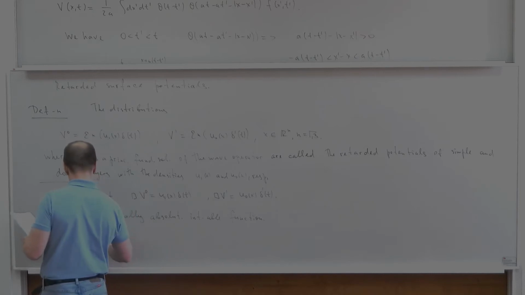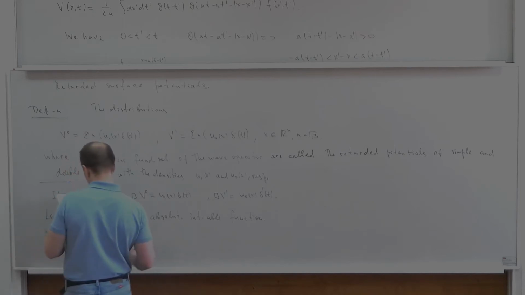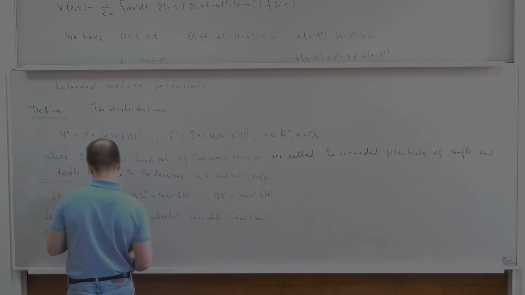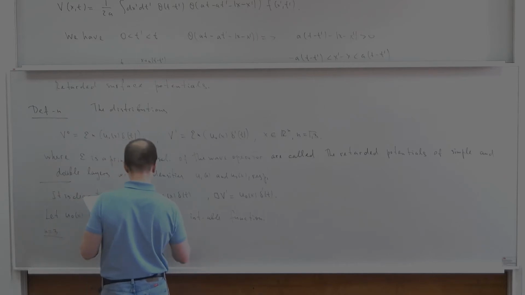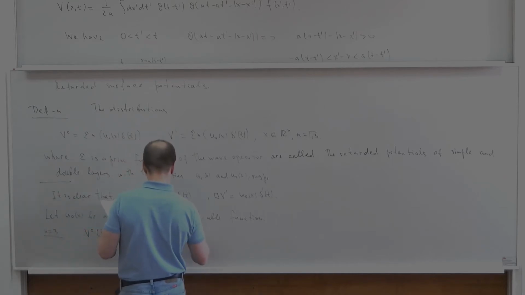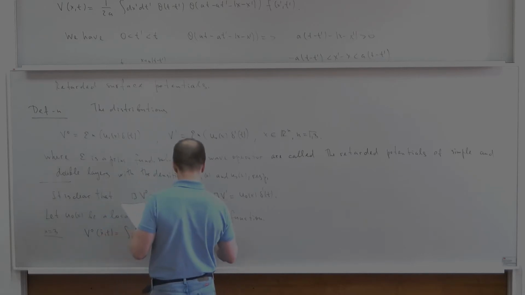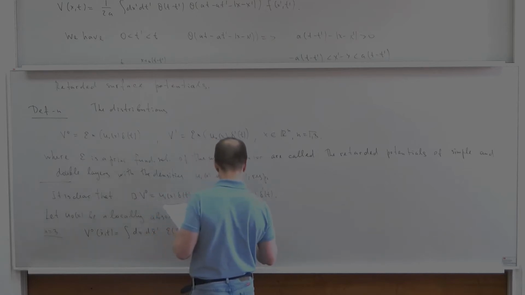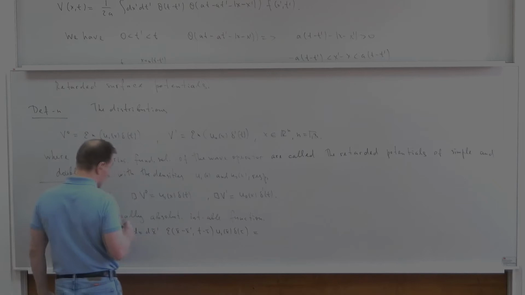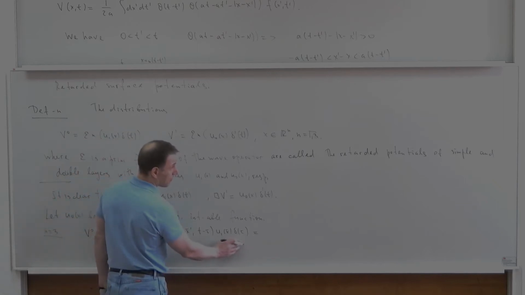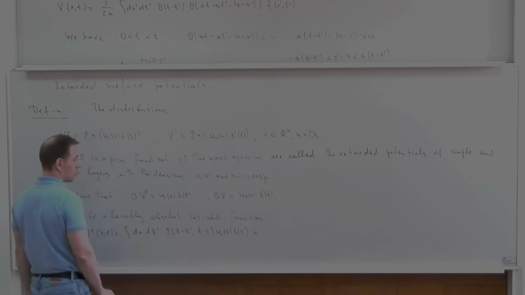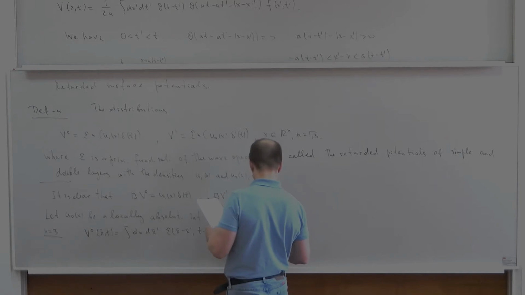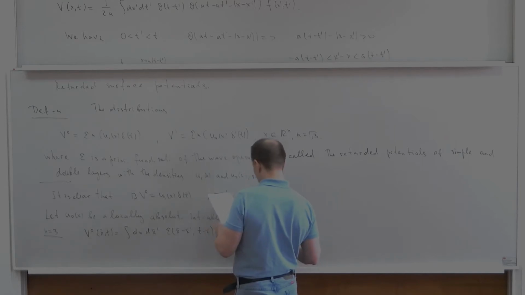By the definition of the convolution of distributions, we write the following formula. Here, the delta function removes integration over tau, and we arrive at the following expression.